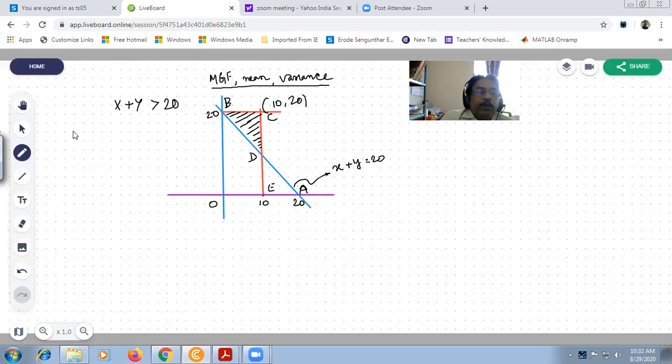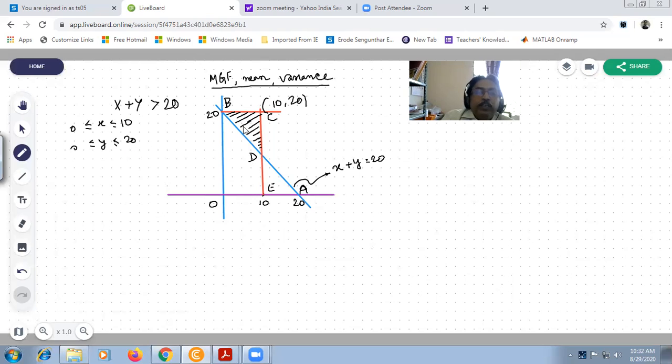We have the condition 0 less than or equal to x less than or equal to 10; this is x equal to 10. And 0 less than or equal to y less than or equal to 20, so the area below this line.